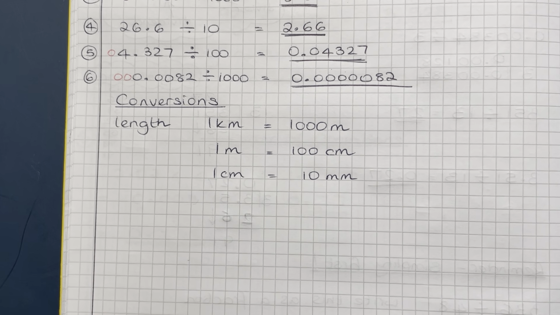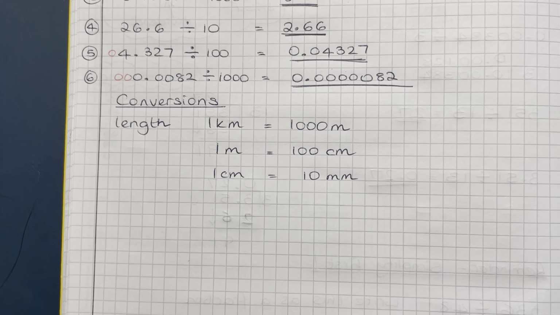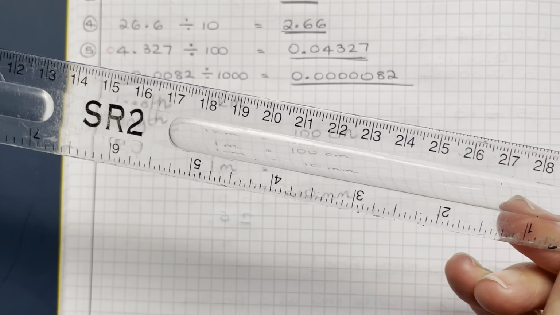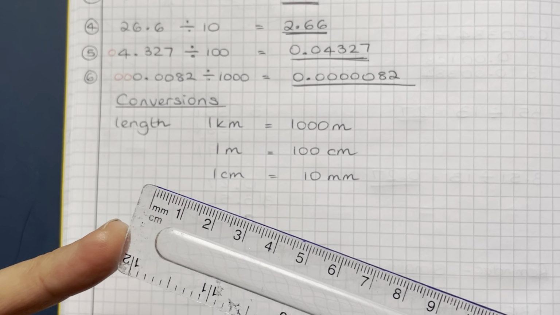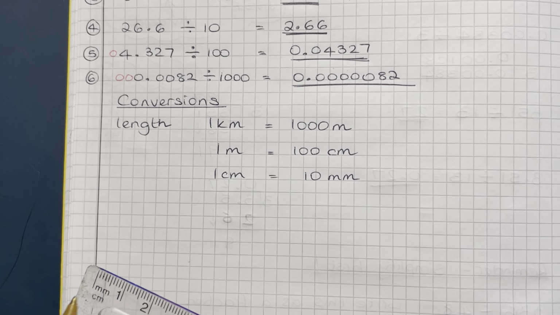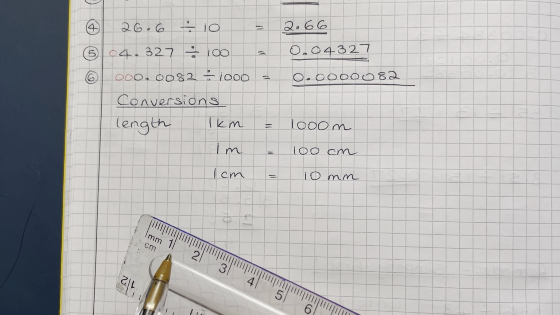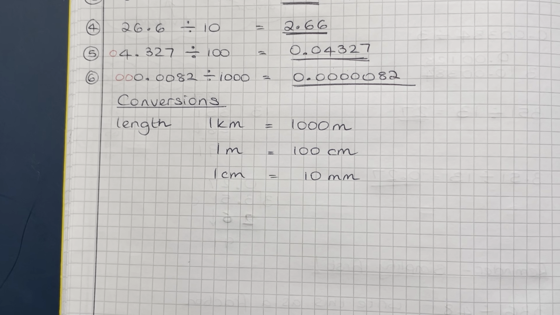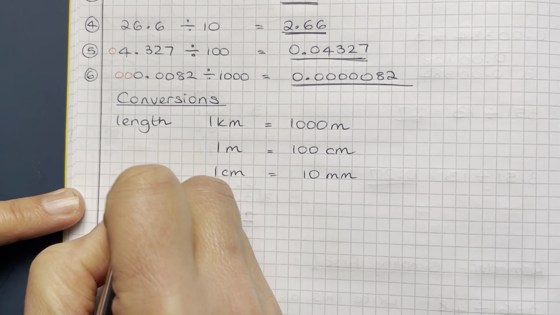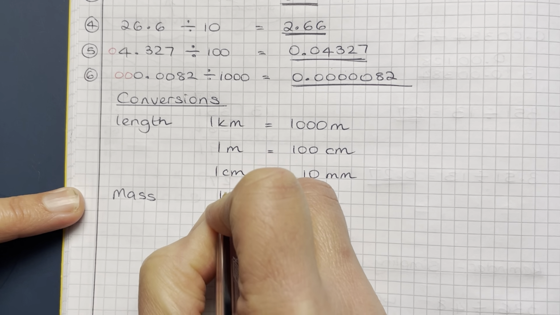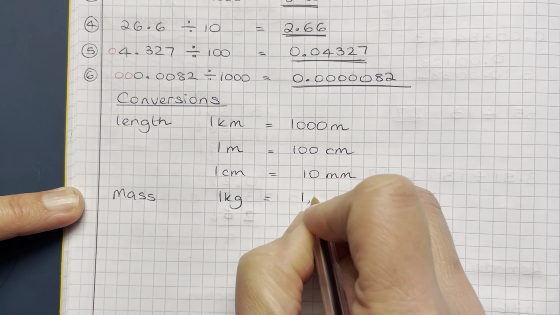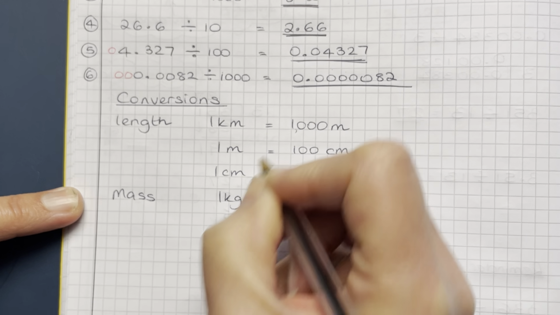And if you get caught on a conversion question, don't forget you've always got a ruler in front of you, and that can help you see that, for example, here 1 centimetre is 10 millimetres. Let's look at mass. 1 kilogram equals 1000 grams.